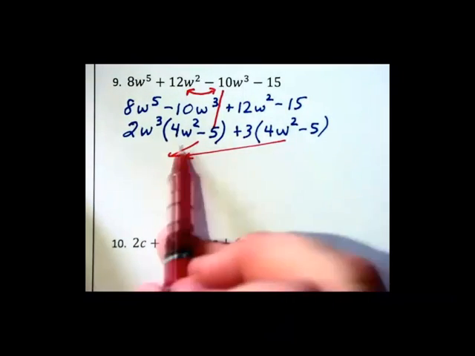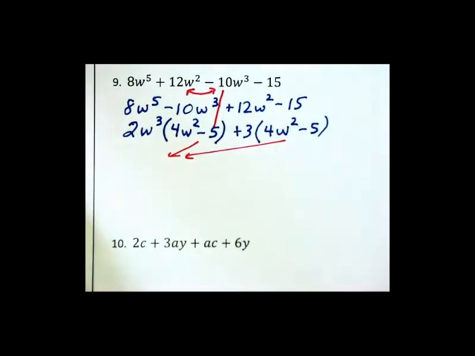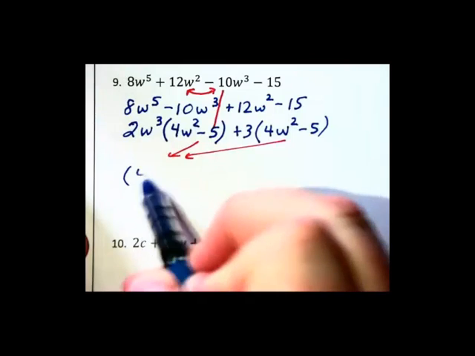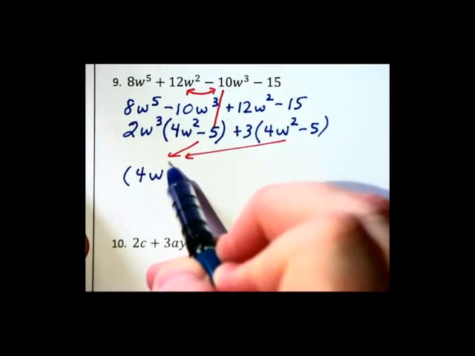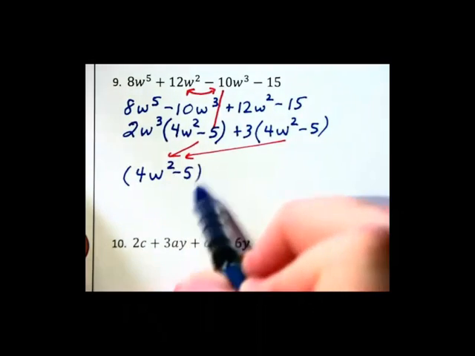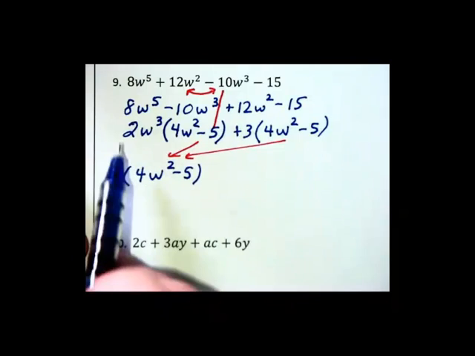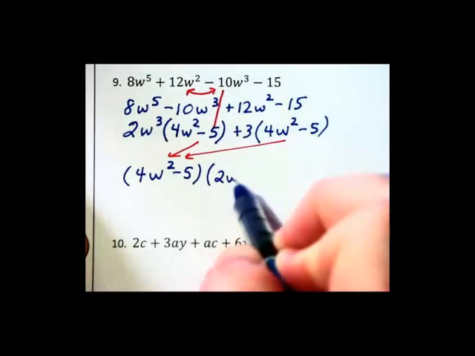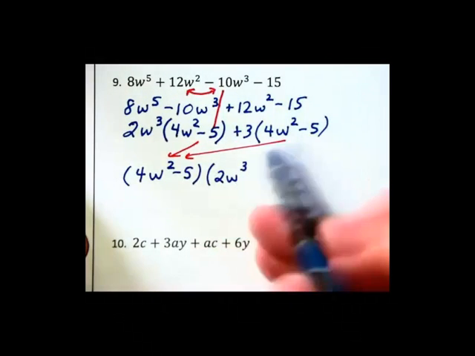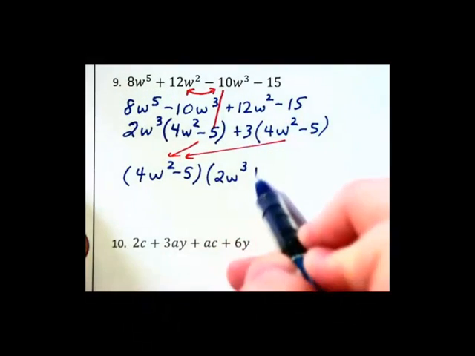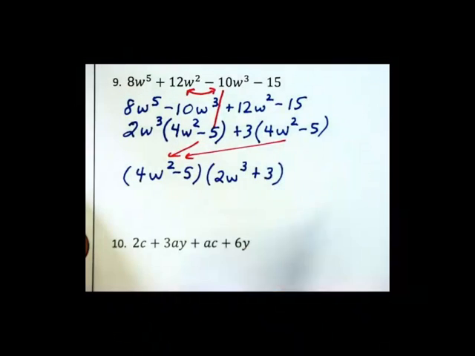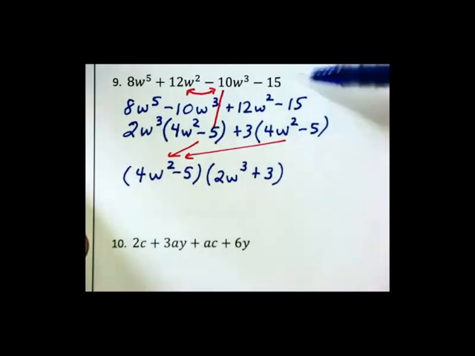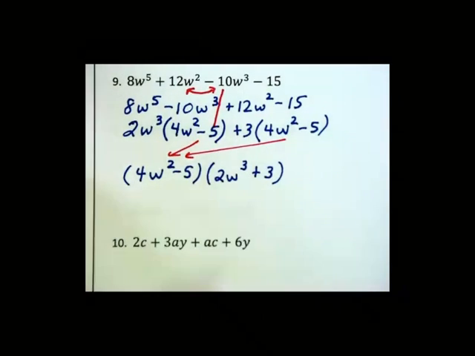If you don't see that common to both halves of the problem, double check your math, because usually this is set up so that this will factor nicely. So 4w squared minus 5 can be divided out of each half of the problem. In the first half of the problem, we're left with 2w to the third. And in the second half of the problem, we see a positive 3 remaining. So we have our factor times factor, making the product as the answer to this problem.